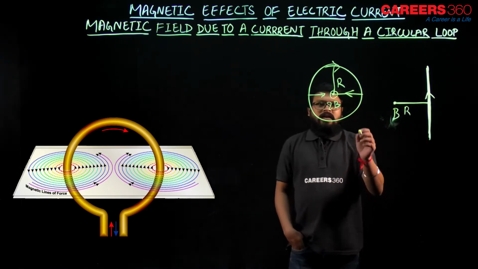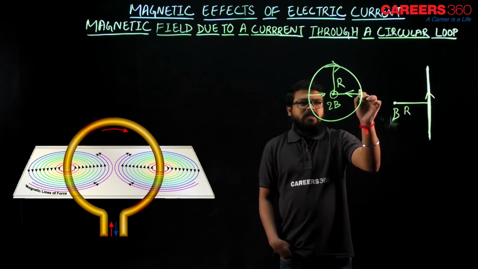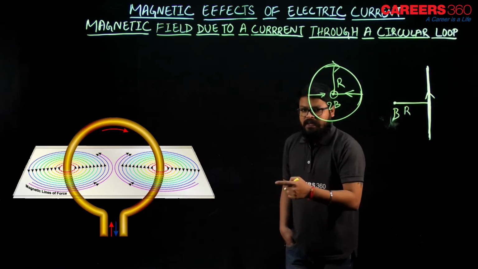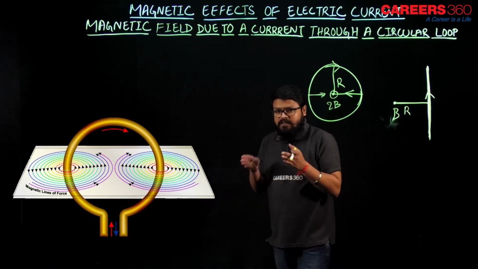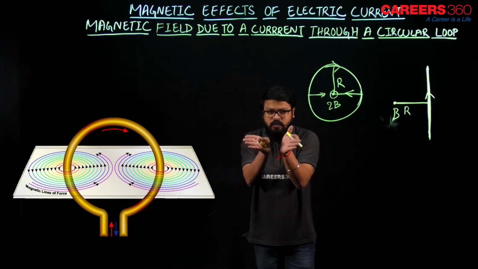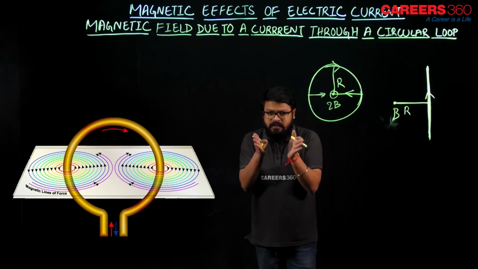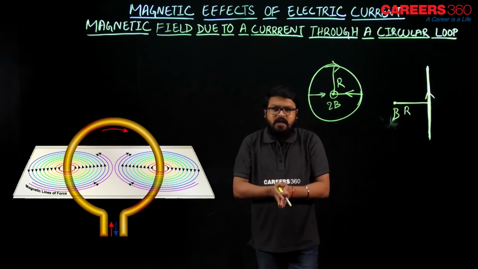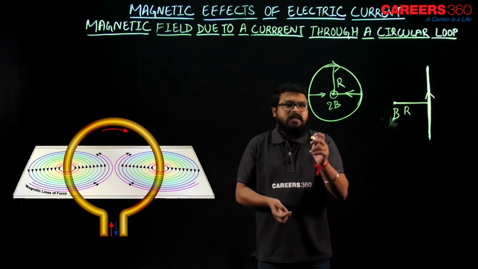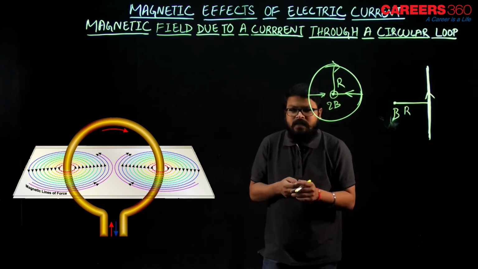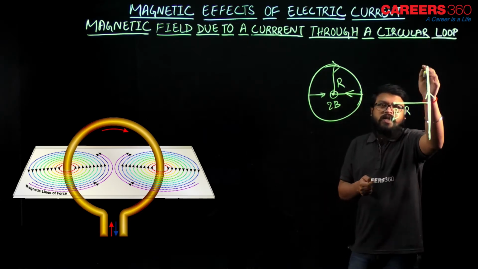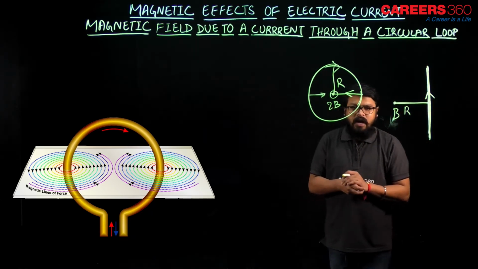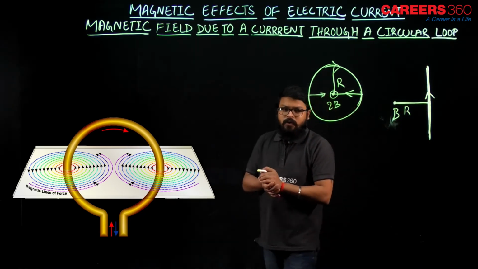Because as you can see, this section as well as this section produce magnetic field lines that are concentric circles. So at the center, two concentric circles, their resultant would be a straight line. So the magnetic field at the center would be double the magnetic field due to a straight conductor at the same distance r from it. I hope you got that right.